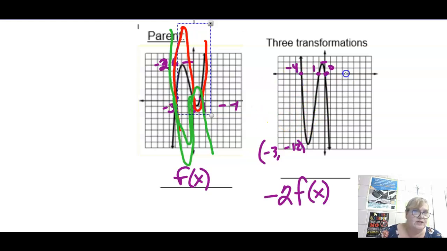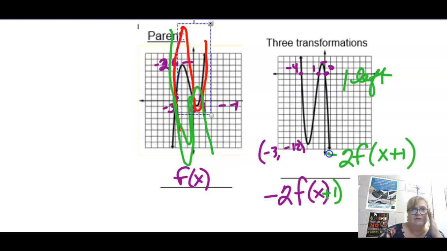They changed the vertices up here. And then they shifted it over, I think, 1 unit to the left, which would be in here a +1. So I'm getting -2 f of x plus 1.